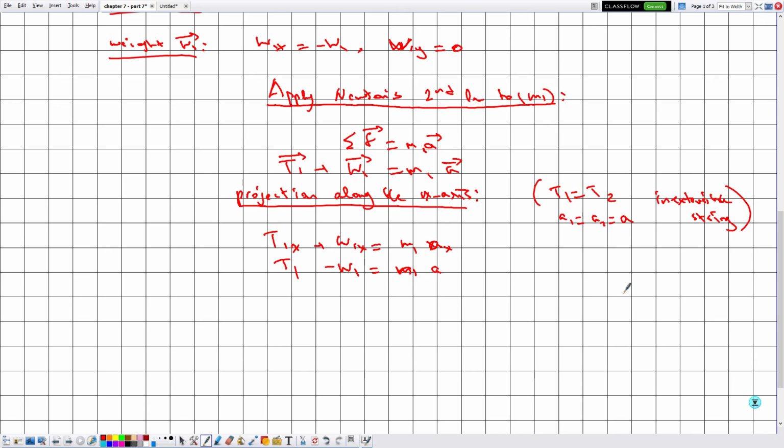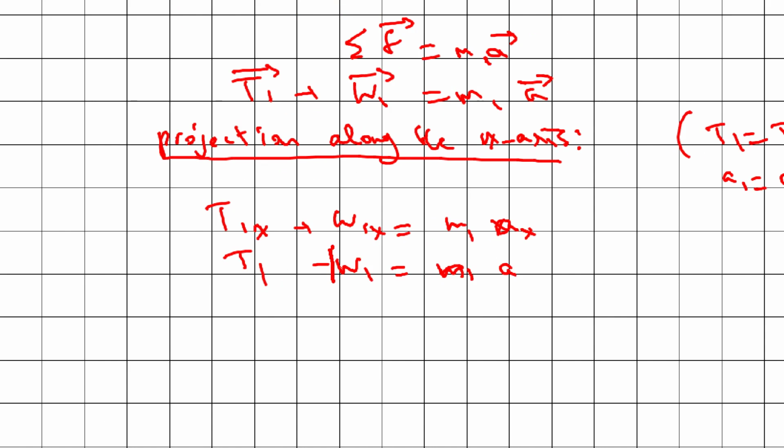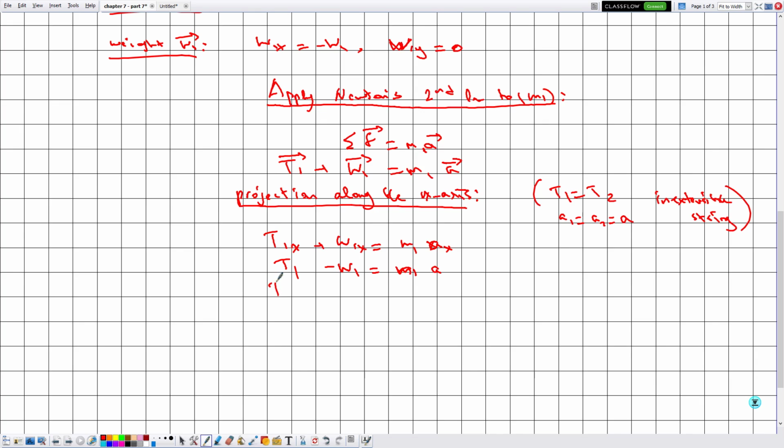Now we are interested in determining the mass. Notice that the mass also appears in the weight, which is given by M1G. So rearranging the expression, then the value of M1 is given by T1 divided by G plus A. Now the value of T1, equal to T2, is given by 19.2.